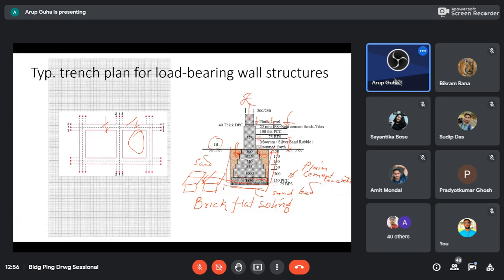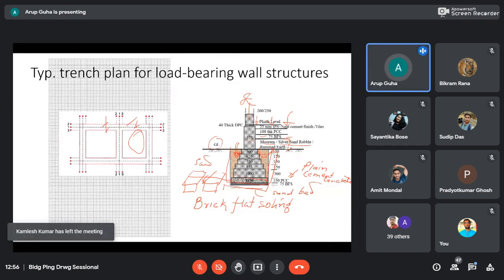So part of that is filled with muram or laterite stones, or rather silver sand, or rubbles, or rammed earth. Above that, once again, a layer of brick is laid without using cement or concrete.